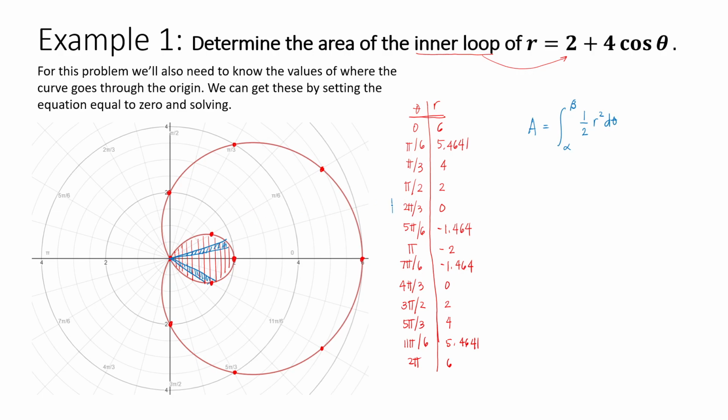The starting point is 0 here, then negative 1.46, negative 2, negative 1.46, and then it ends with 0 again. So this one would be our alpha, and this one would be our beta.